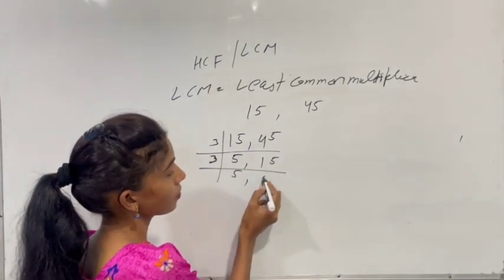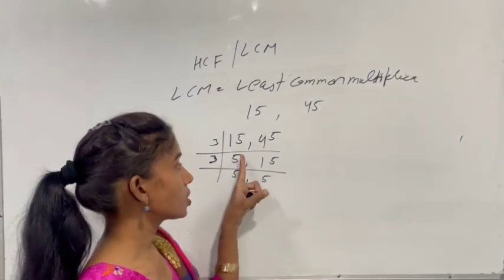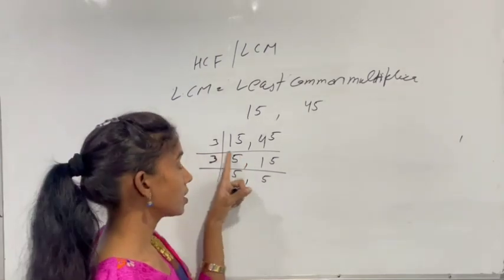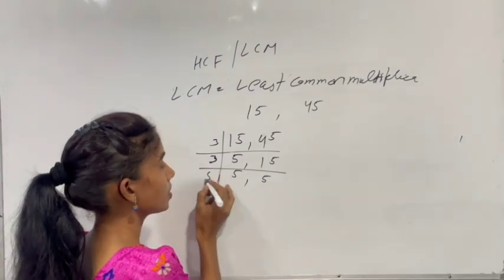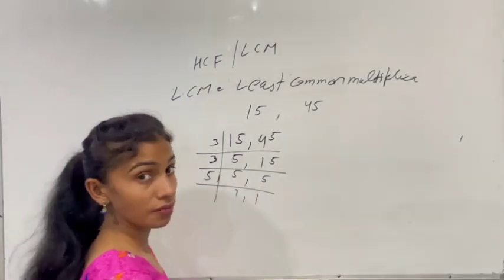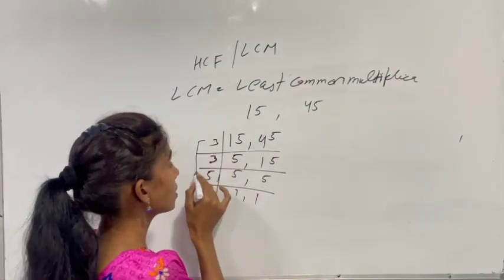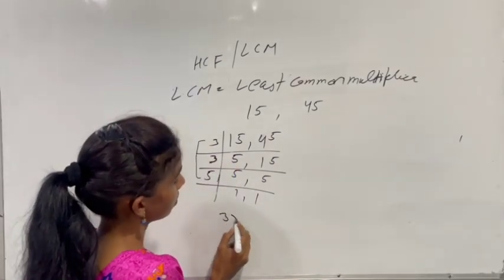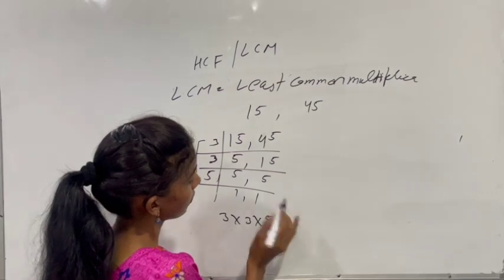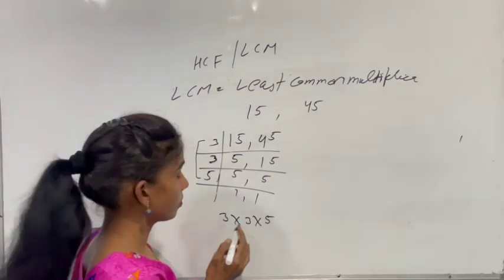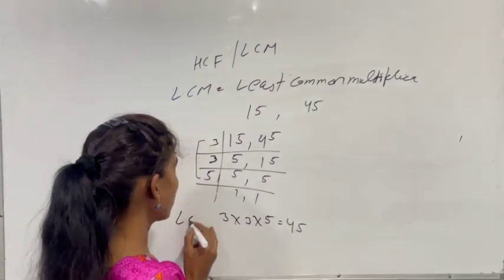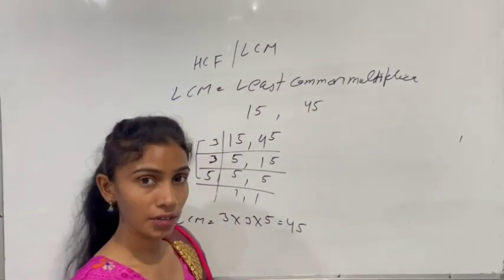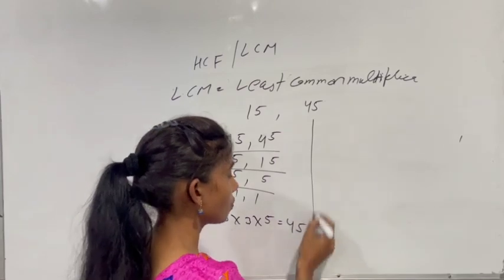The number which is not divisible is taken as it is. Now it is divisible by 5, 5 ones are 5. We multiply these numbers: 3 times 3 times 5. This is our LCM. 3 threes are 9, 9 fives are 45. So our LCM is 45.